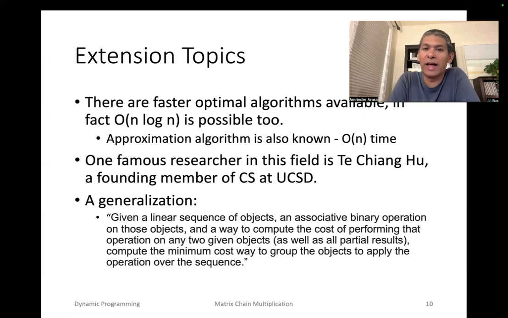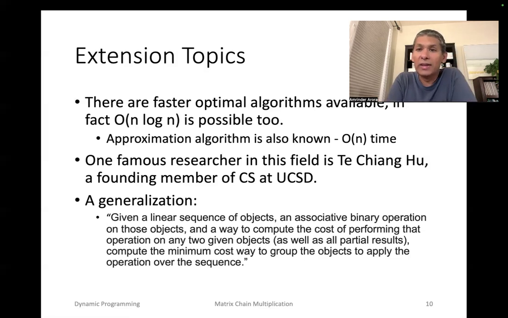And an approximation algorithm is also known, which runs in order n time. It guarantees about 85% of the best known. That may not be worth it if the matrices are very large, but that solution is also available. Both of these algorithms are attributable to a famous researcher in this field, T.C. Hu, who was one of the founding members of computer science at San Diego.